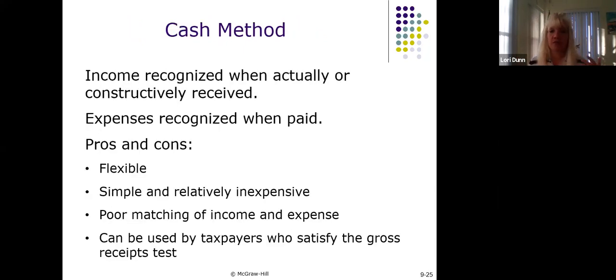So we're going to go over some of the major characteristics, pros and cons of each method. So let's take a look at cash method. Income is recognized when actually or constructively received. We just talked about that.